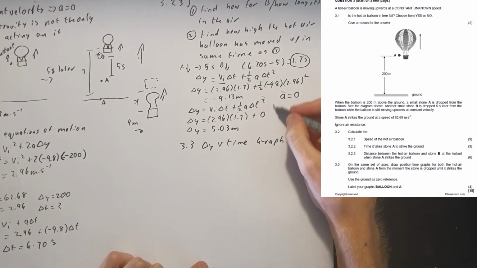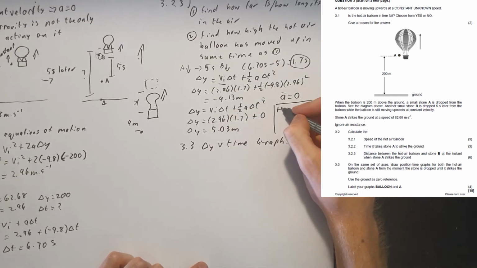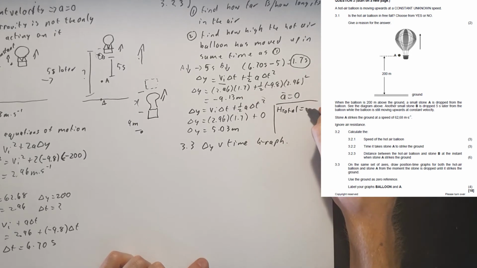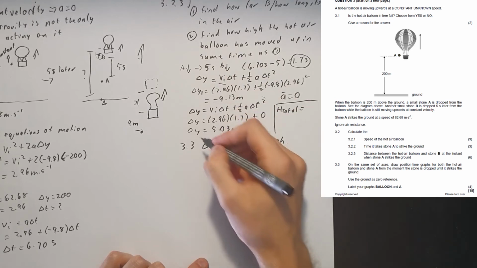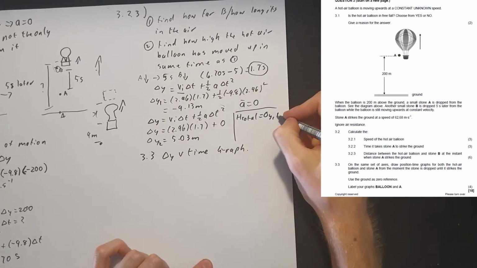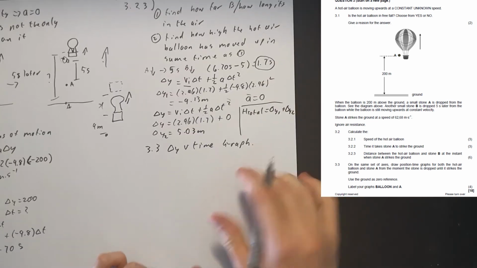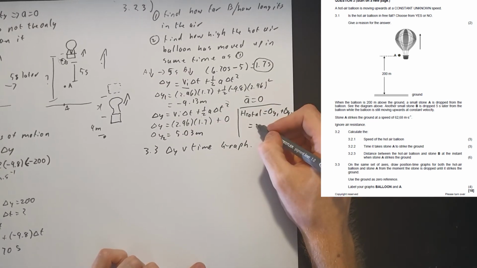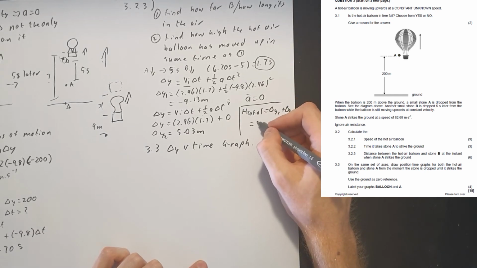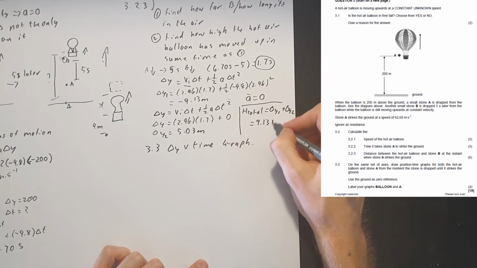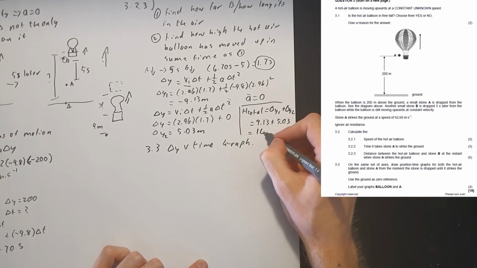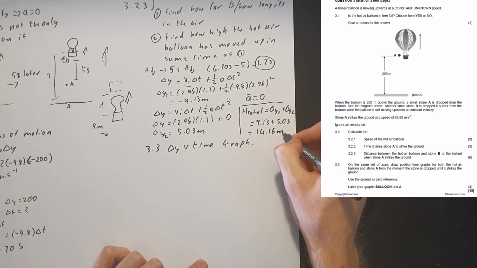Now we can find the total height. So h total is going to equal, let's call this delta y1, delta y2, so delta y1 plus delta y2, which equals the magnitude of each one, so that is 9.13 plus 5.03, which gives you 14.16 meters.